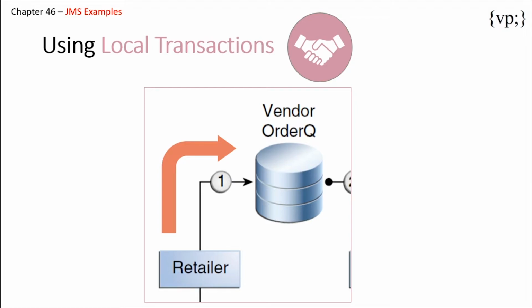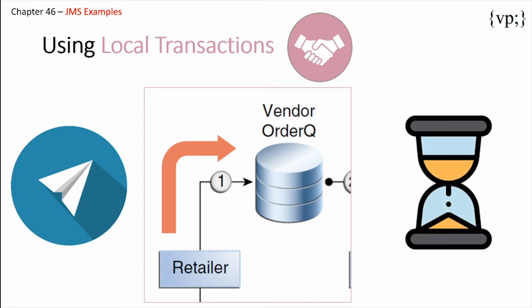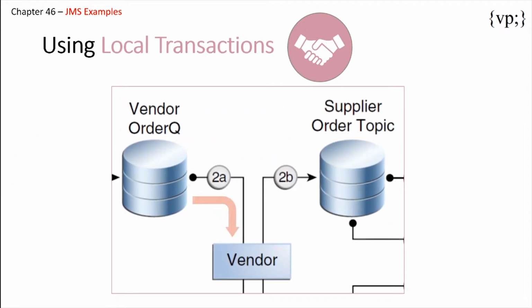A retailer sends a map message to a vendor order queue, ordering a quantity of computers, and then waits for the vendor's reply. Next, the vendor order queue is then sending all these message orders to our vendor.java class.